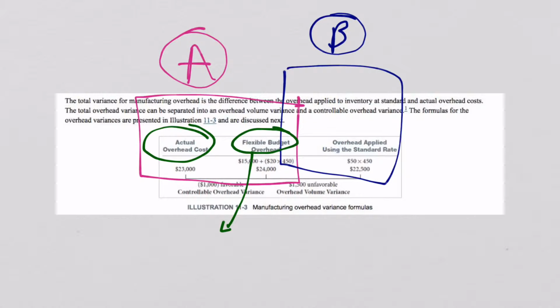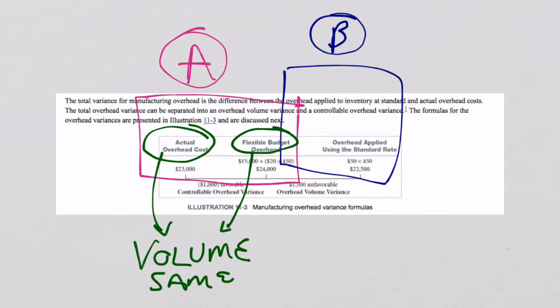So we're comparing the actual overhead costs versus the overhead costs in the flexible budget, with no difference in volume. Both numbers are at the same volume. We're only looking at what did management do at the same volume with the overhead cost.